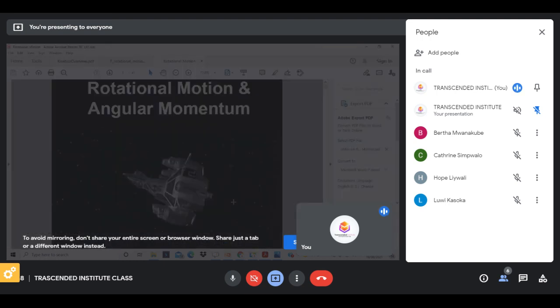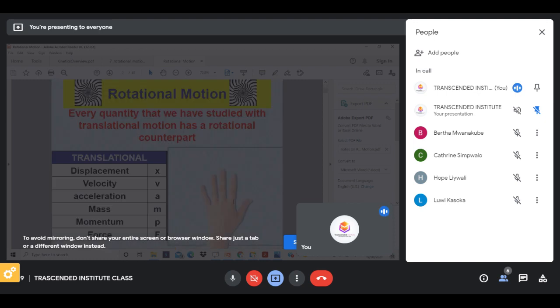Okay, so I want to reintroduce the connection between circular motion and translational motion in terms of the formulas. In translational motion, we can denote displacement as x, it can be s, others may use d for distance.